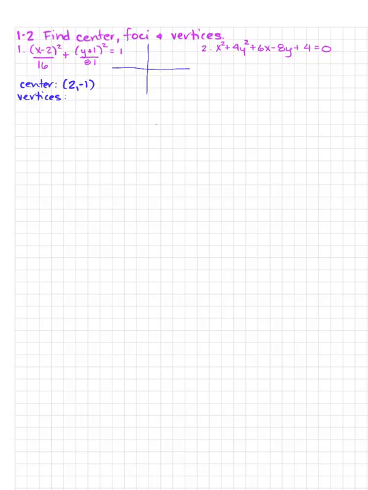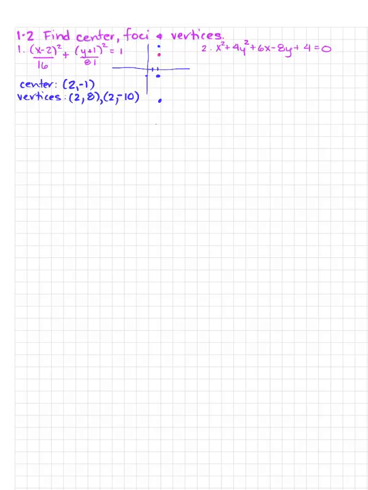So if my center is at 2, -1, and my major axis is 9 up and 9 down, they're going to have the same x coordinate. I'll be at 2 and then -1 plus 9, and 2, -1 minus 9, which is -10. Those will be my vertices.